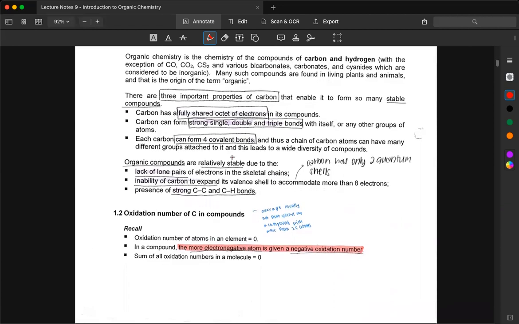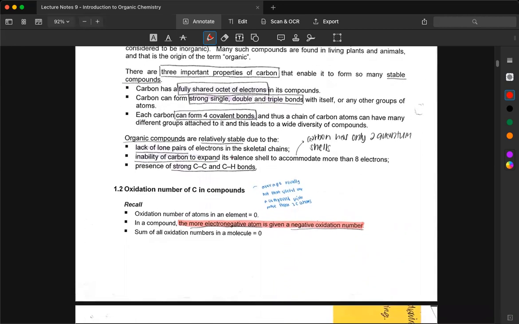Carbon forms 4 covalent bonds, so expect a chain of carbon atoms with different groups attached to it, leading to a wide diversity of compounds. They are stable because there's a lack of lone pairs of electrons in the skeleton chains, and the inability of carbon to expand its valence shell to accommodate more than 8 electrons. It has only 2 electron shells, by the way, and the presence of strong carbon-carbon and carbon-hydrogen bonds.